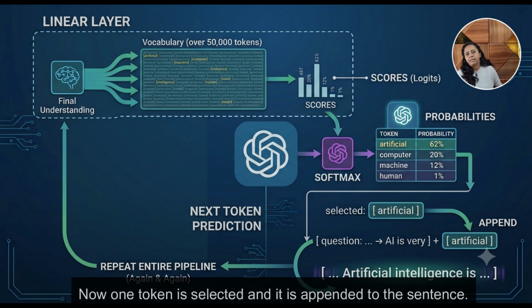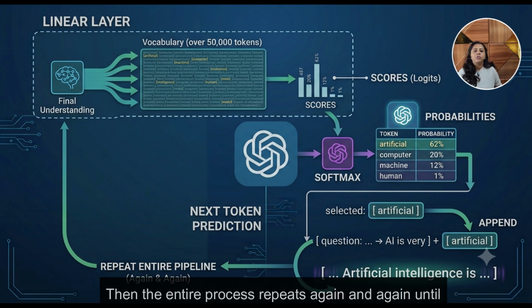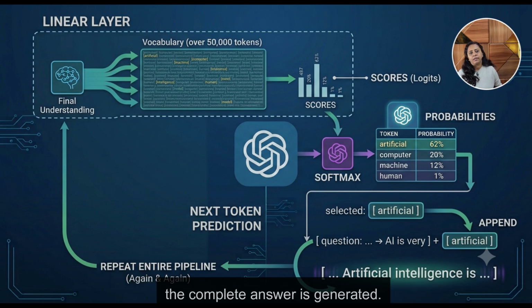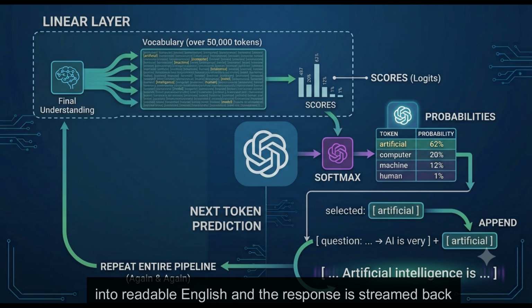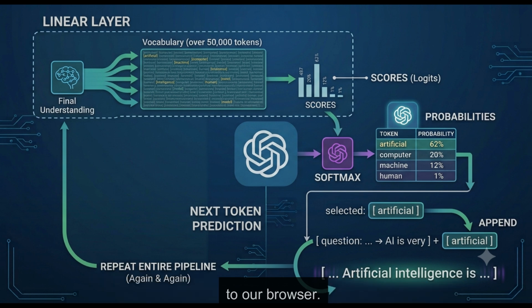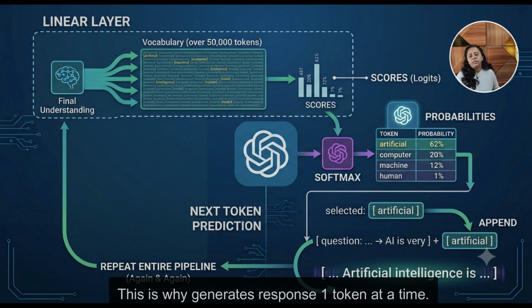Now one token is selected and appended to the sentence. Then the entire process repeats again and again until the complete answer is generated. Finally, the generated token IDs are converted back into readable English and the response is streamed back to our browser. This is why ChatGPT generates its response one token at a time.